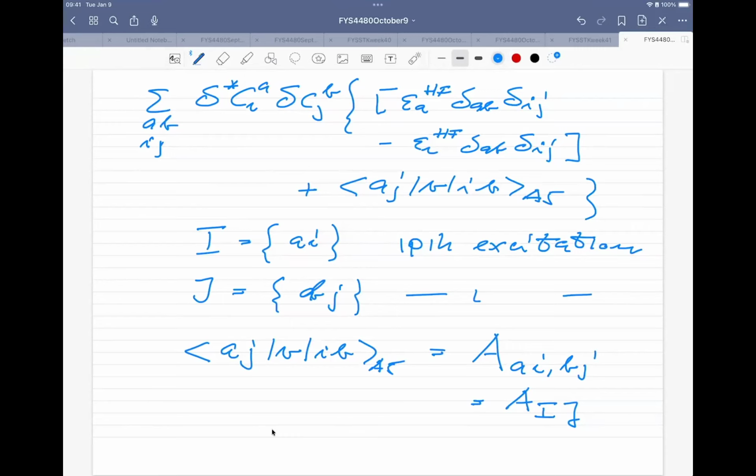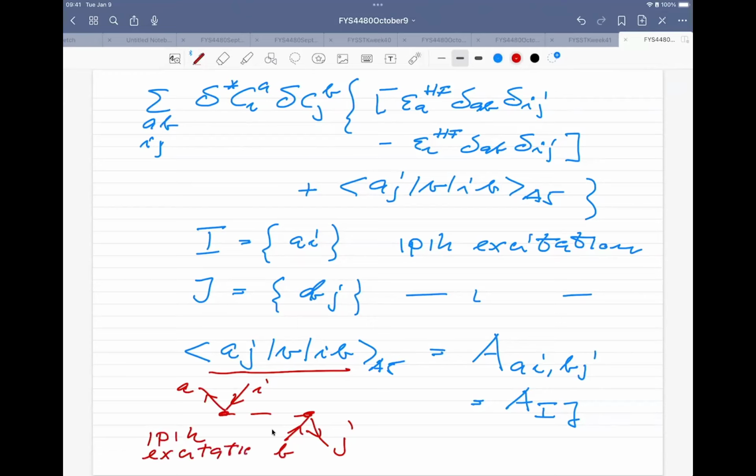Now, if we want to add this as a Feynman diagram, you could actually rewrite this one. If you just open up one of them, you would have a state A coming out, and a state I coming in, and a state B coming in, and a state J here going out. So this is a typical one particle, one hole excitation diagram. How can we see that?